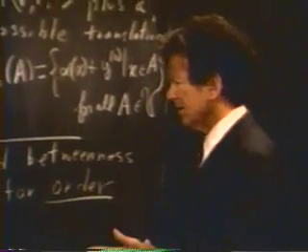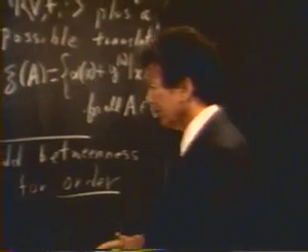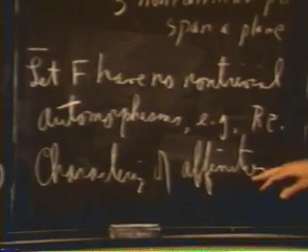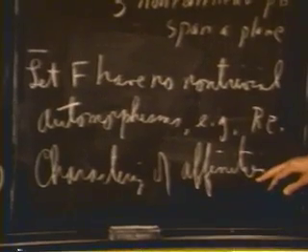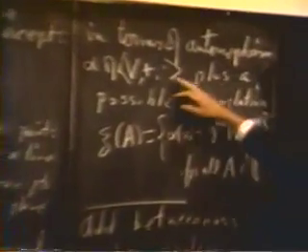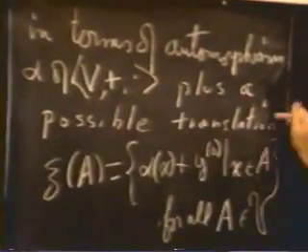But the beautiful and basic theorem is: let the field F have no non-trivial automorphisms, for example, be the field of real numbers. Then we can characterize the affinities for affine analytical geometries over F in terms of automorphisms alpha of the vector space plus a possible translation.